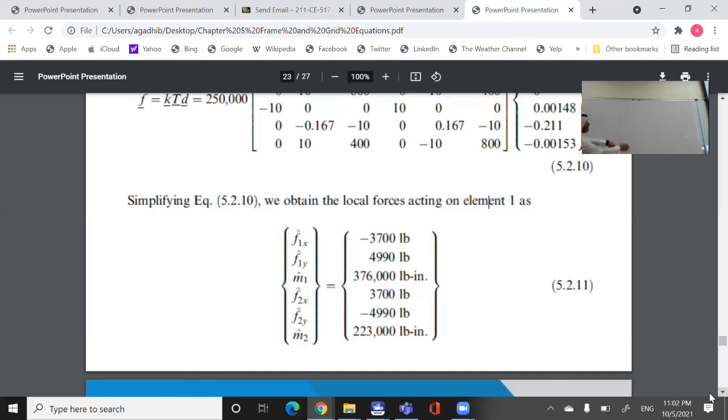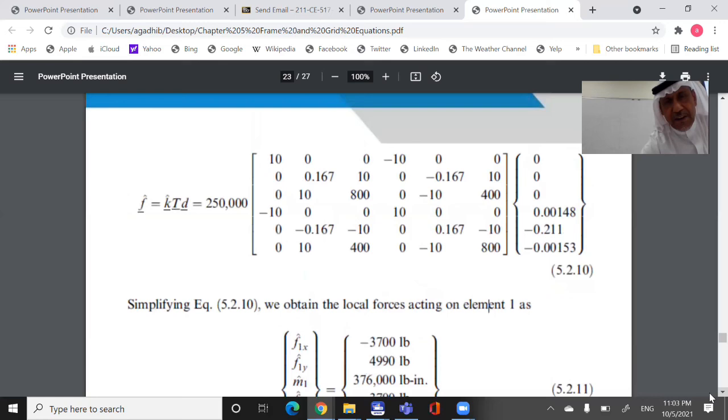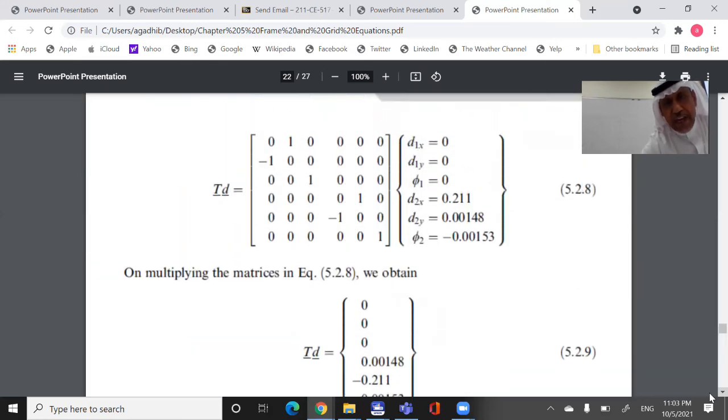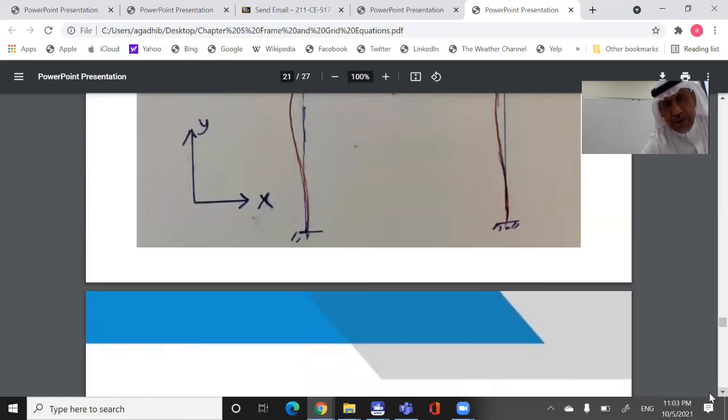376,000 positive. Right? Plus 223 positive. Minus 4990 times the height. The answer divided by the height, it will give you. See the height, so that you can sleep tonight.